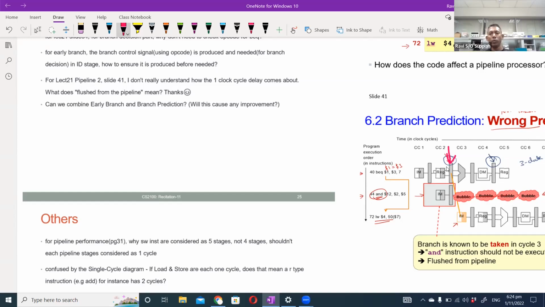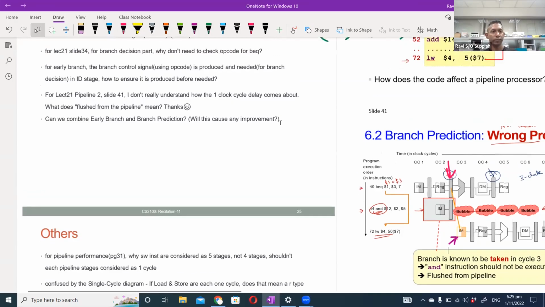From that, we have already updated and fetched the new instruction from memory. That would also mean that this instruction would be flushed, and I would fetch the new instruction from memory if the branch prediction was wrong. So it is known at the end of that cycle, and then in the next clock cycle we will fetch the new instruction.